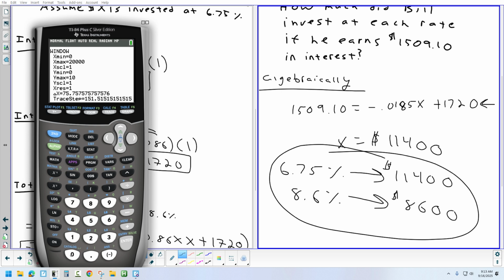But what should my Y max be based on what we put in Y1 and Y2? That Y max needs to be high enough to see something. It's got to be at least what number? Would it be at least like 1,720?